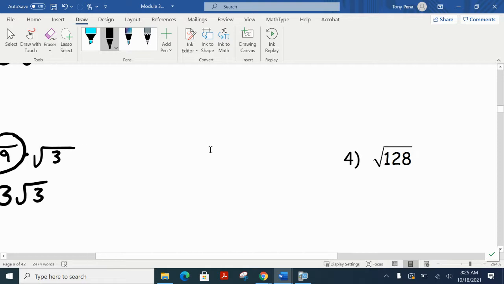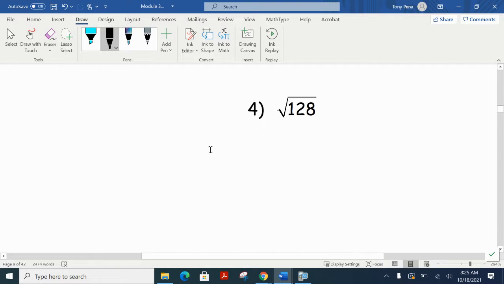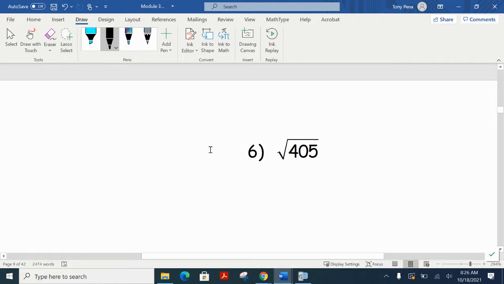So now let's go to 4. See what you think for 4. Little bigger number, not quite as obvious. We want to look at our column of perfect squares and see if there is a perfect square that goes into 128. All right, here's where the calculator would become nice. For a lot of people, these numbers, like number 6 is 405, are pretty large.